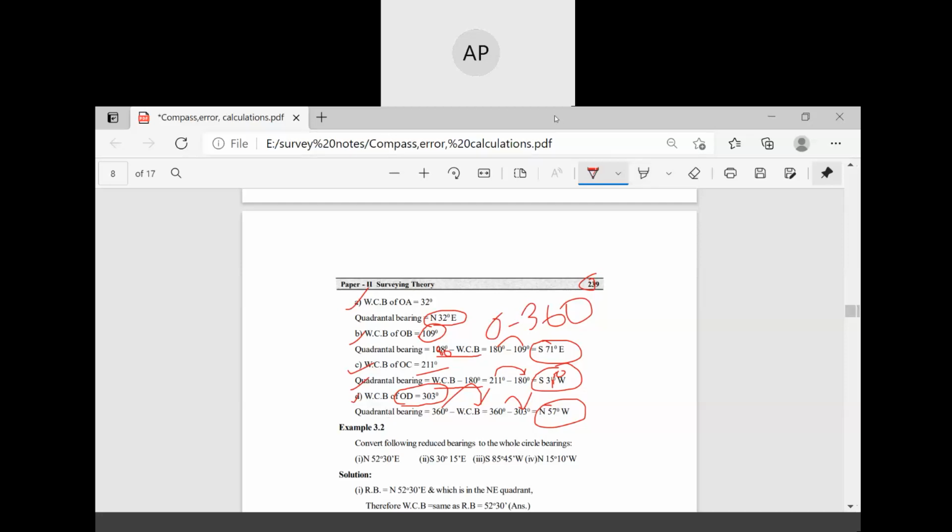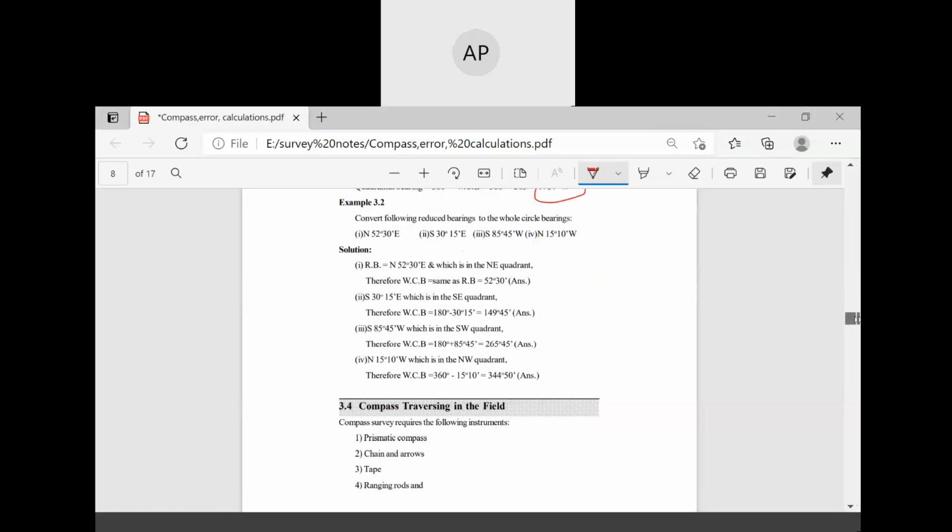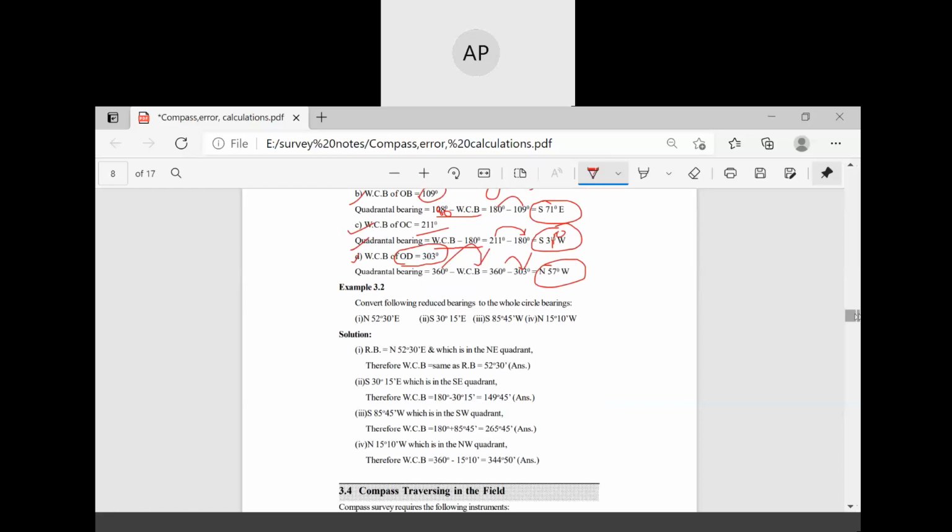Next we have, convert the following reduced bearing. So here, what does reduced bearing mean?